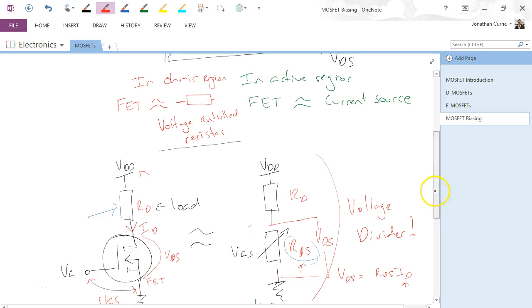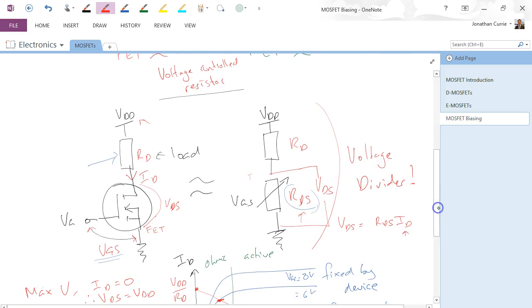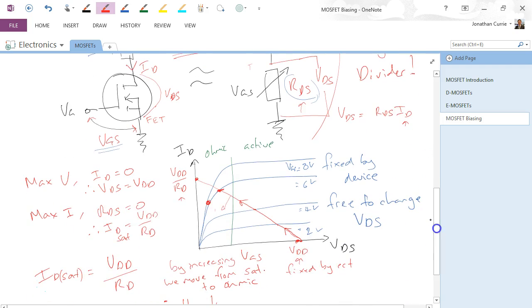So, ohmic region biasing, as I've done here. This is the load. Often that's a fixed load you can't do anything about. Often the voltage is fixed, as in you've got 12 volts in your circuit. That's what you're going to have to use. The thing that you can adjust is VGS, and by doing that we work our way up along this load line, because each of these is an increase in VGS, and we eventually put our ohmic point as far as we can this way.